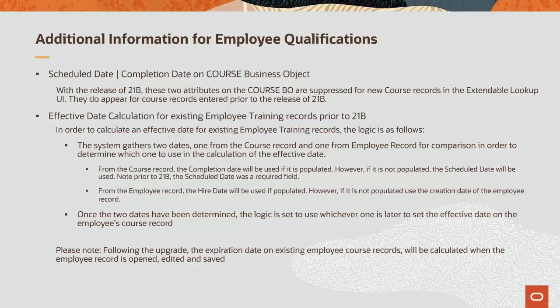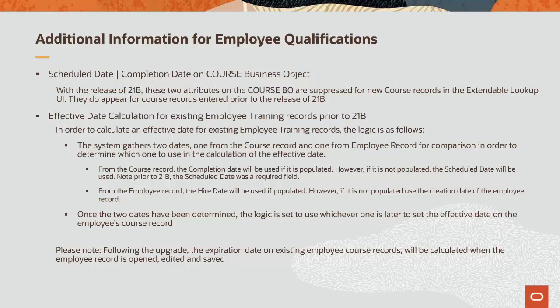For the course record, the completion date will be used if it is populated. However, if it is not populated, the scheduled date will be used. Note that prior to 21B, the scheduled date was a required field. For the employee record, the hire date will be used if populated. However, if it is not populated, we will use the creation date of the employee record.